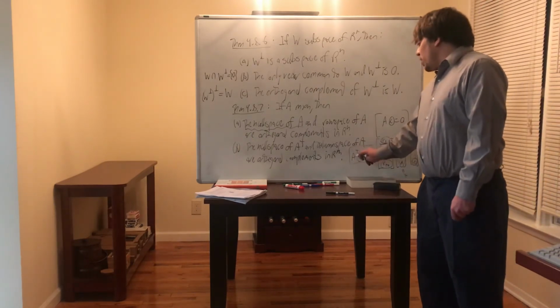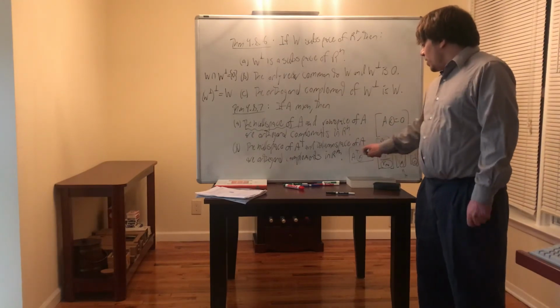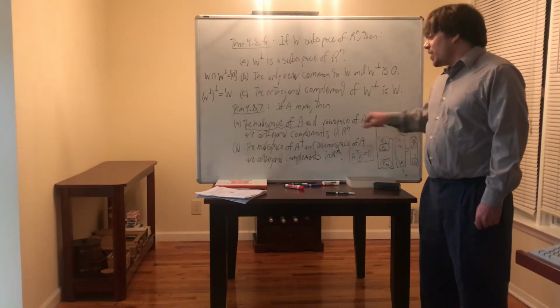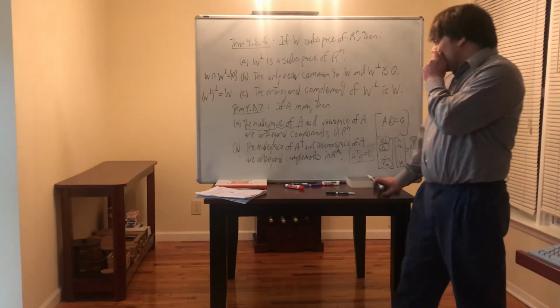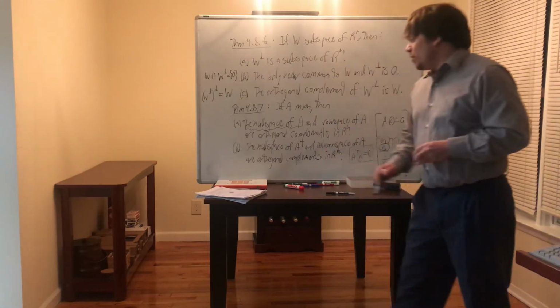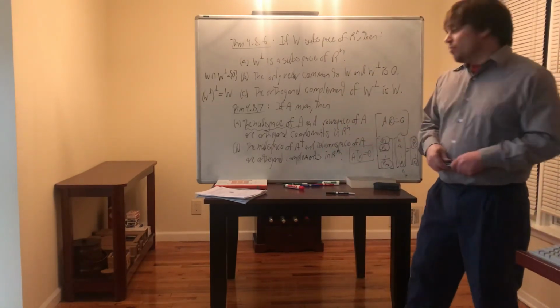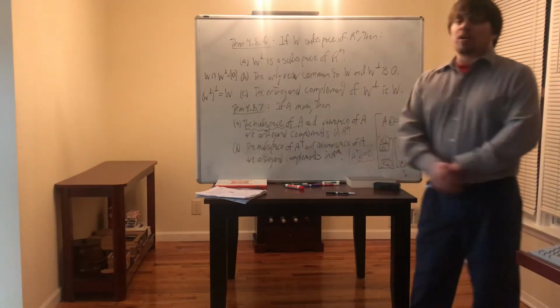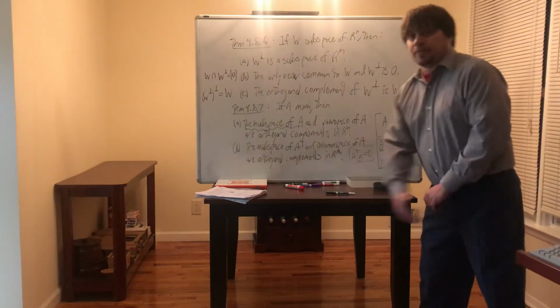But the rows of A transpose are the columns of A. And so every solution to A transpose x equals 0 is orthogonal to every column of A. And so the null space of A transpose is orthogonal to the column space of A. If you take any solution to A transpose x equals 0, it's orthogonal to any column of A, or every row of A transpose. Okay, and so that's B.